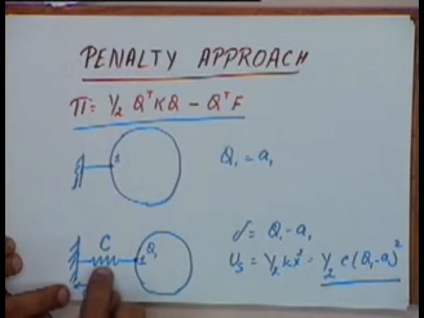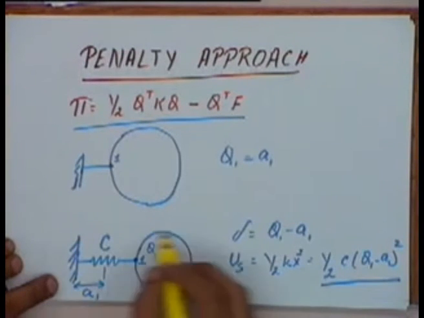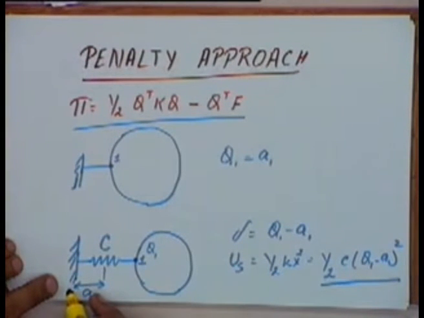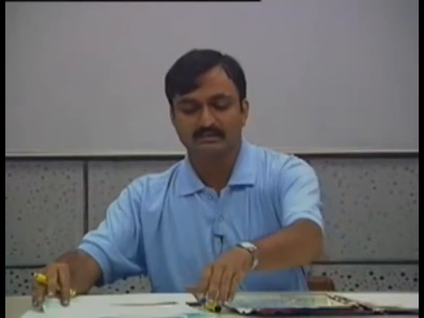This spring is so stiff that whatever deformation I give to this end, Q1 will also go through the same deformation. So we will now solve for this system, and then take the limit as C tends to infinity.